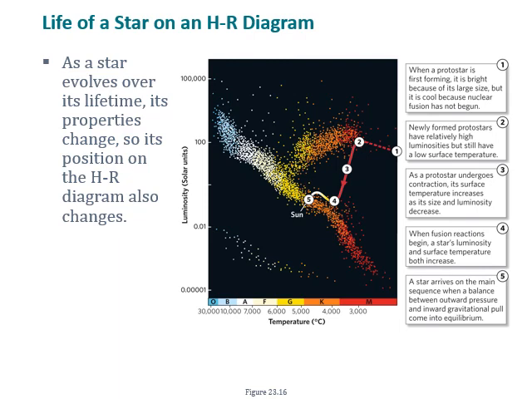Its surface temperature increases as its size and luminosity decrease. At stage 4, when fusion reactions begin, the luminosity and temperature both increase. And then at stage 5, a star arrives on the main sequence when a balance between outward pressure and inward gravitational pull come into equilibrium.